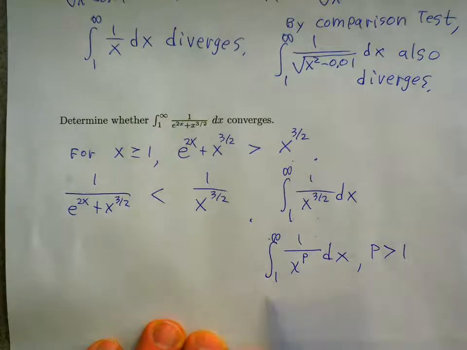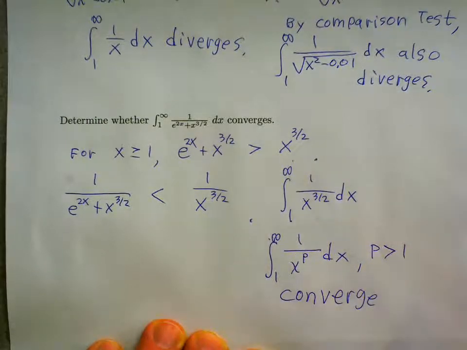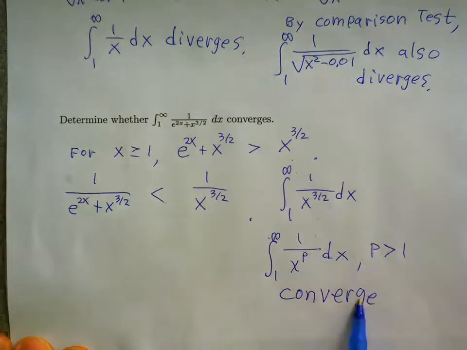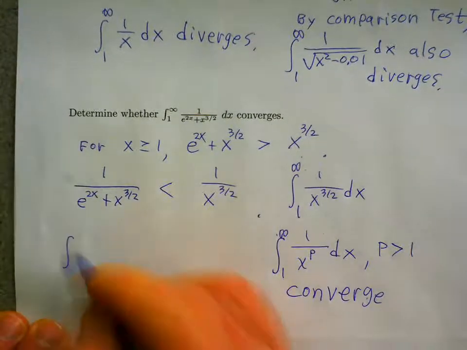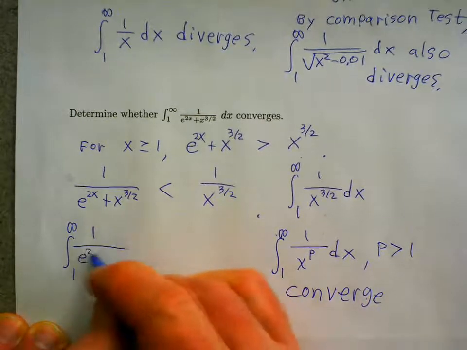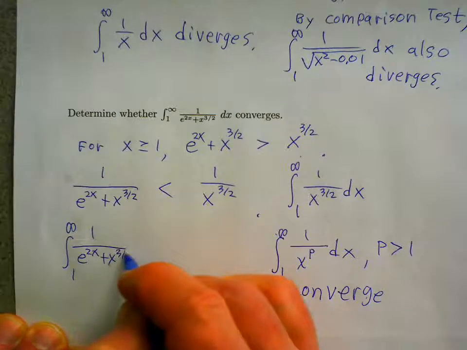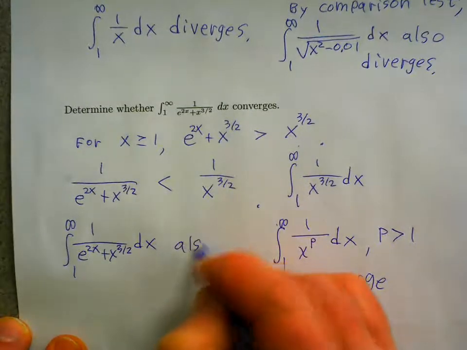So what do we know about those improper integrals when p is greater than 1? They converge, yeah. So these converge. So by the comparison test, the other improper integral of 1 over e to the 2x plus x to the 3 halves dx also converges.